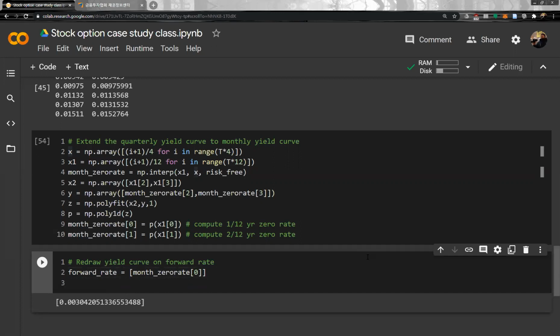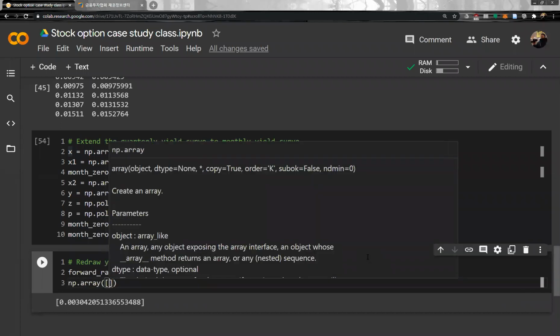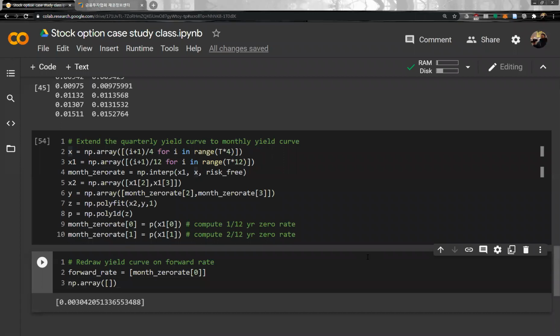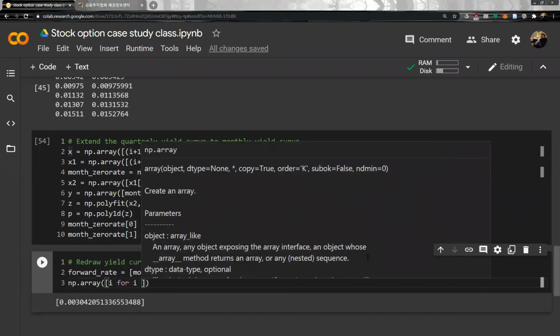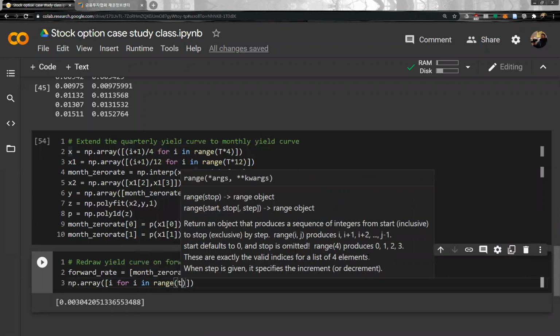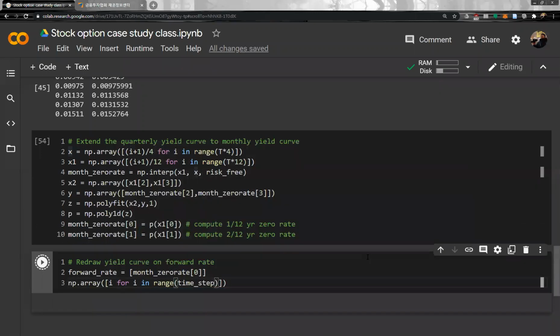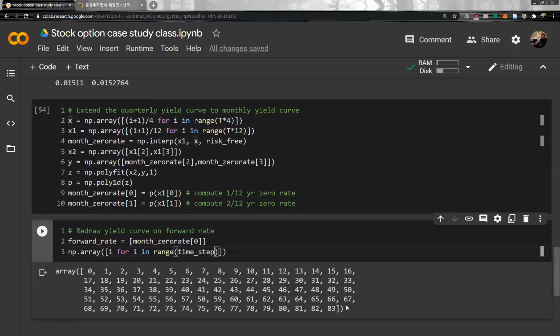Now we have to make a time. So time is basically, we have a time step. np.array, and then we have i plus 1 for i in range of time step, so from 0 to 84 months.